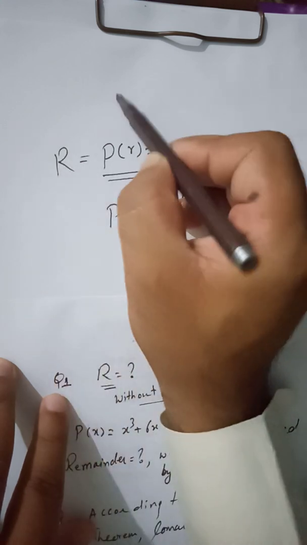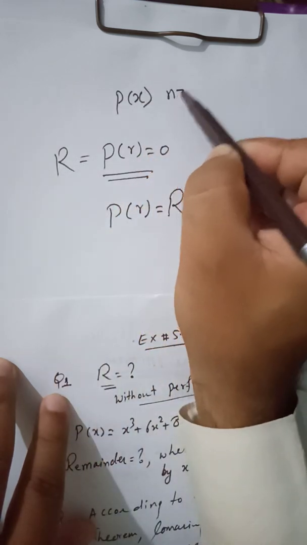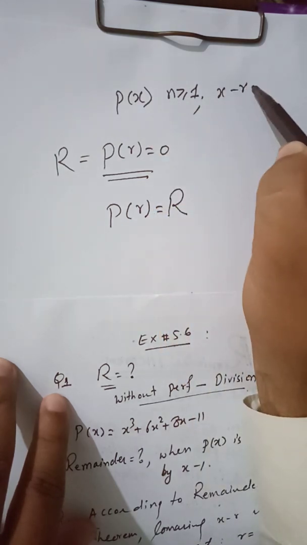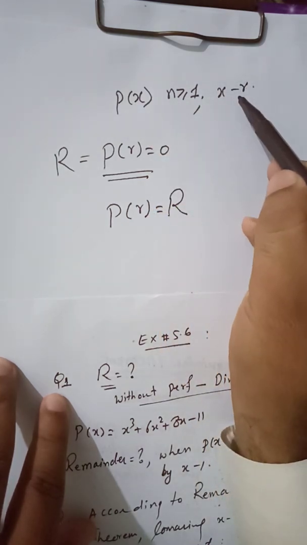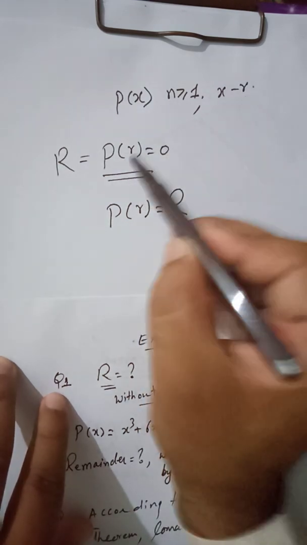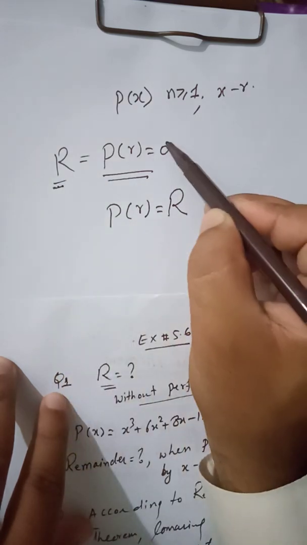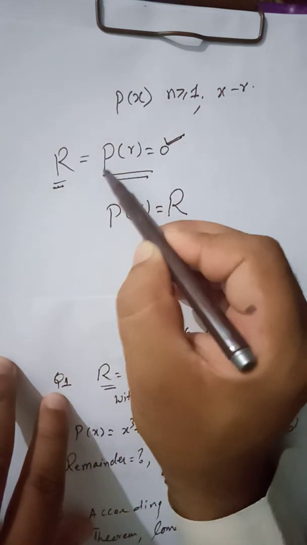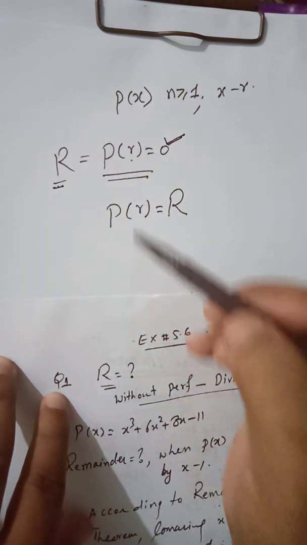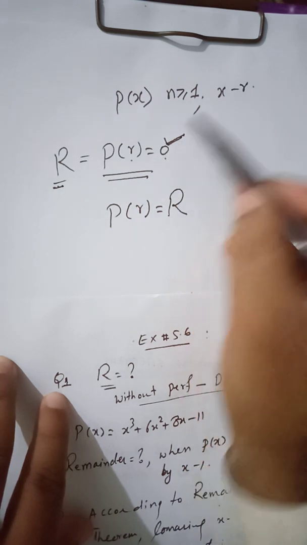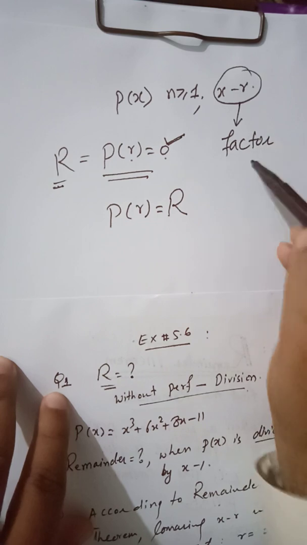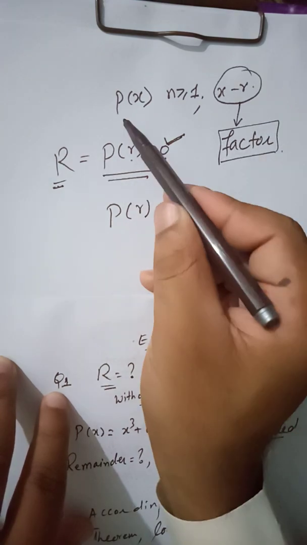Now if this is my polynomial of degree n greater than or equal to 1 and I divide it by x minus r, the remainder theorem says that you just need to replace x by r, so you will get the remainder. When this remainder becomes 0, meaning when you plug r in place of x in the given polynomial and you get 0, then this x minus r is called a factor of that polynomial.